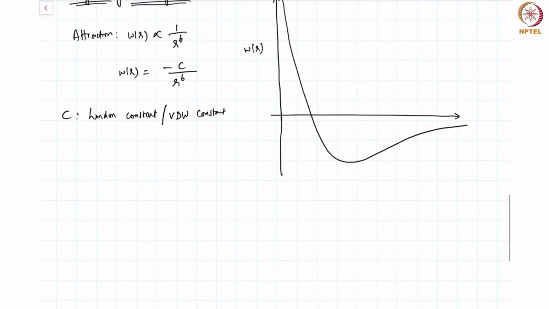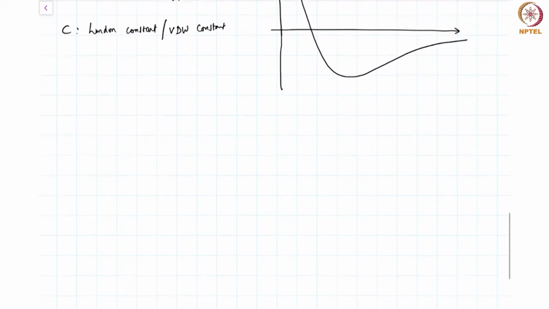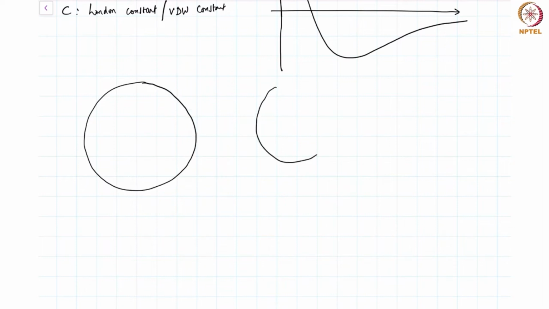So once we understand the nature of interaction between two atoms, we can extend it to macroscopic bodies. This is exactly what London did. Fritz London, a German physicist, attempted the problem of looking at interaction between two macroscopic bodies. Let's consider the geometry that Fritz London considered.